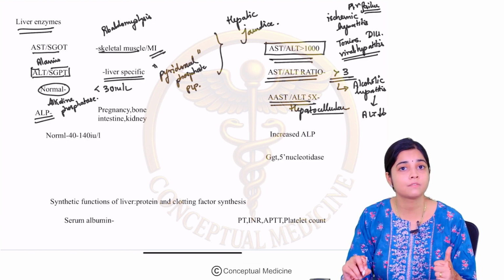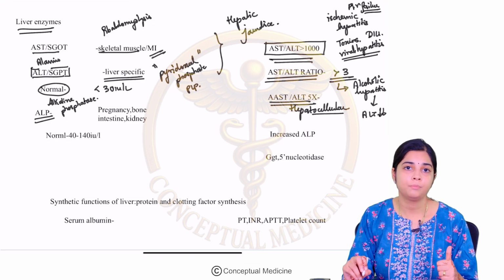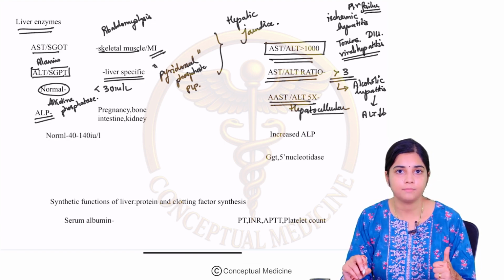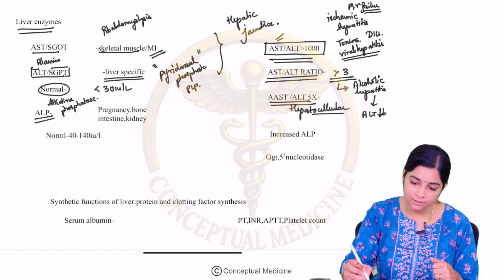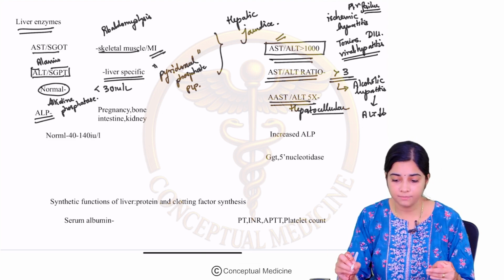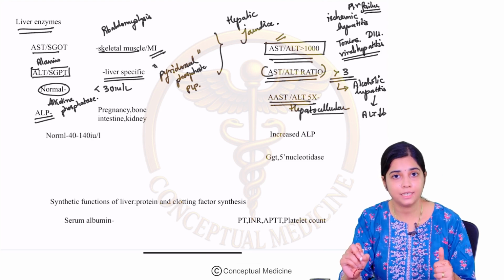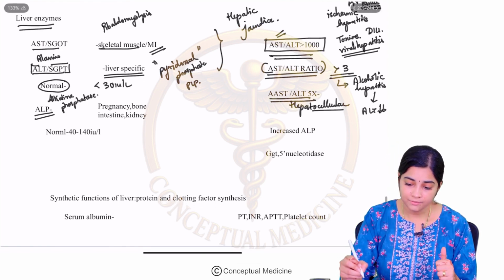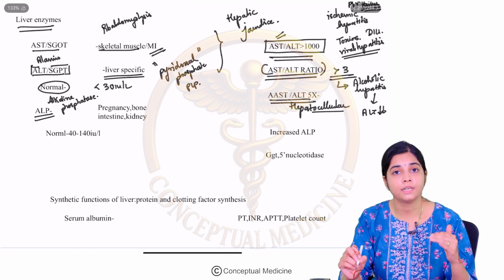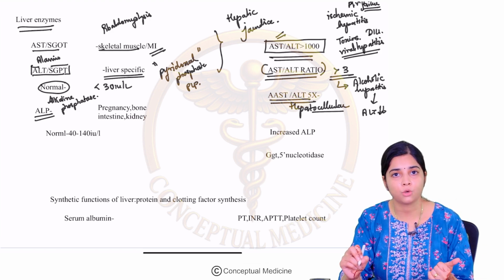ALT is more liver specific and it is dependent on PLP, which is pyridoxal phosphate. So we have seen the conditions where you have AST-ALT more than 1000. Then what is the importance of your AST by ALT ratio? And we have seen conditions where the AST or ALT are elevated up to 5 times the normal levels.